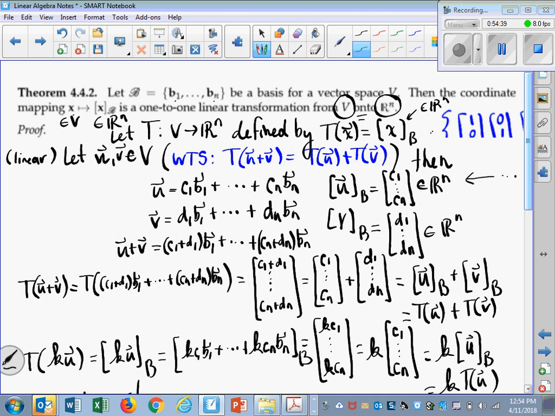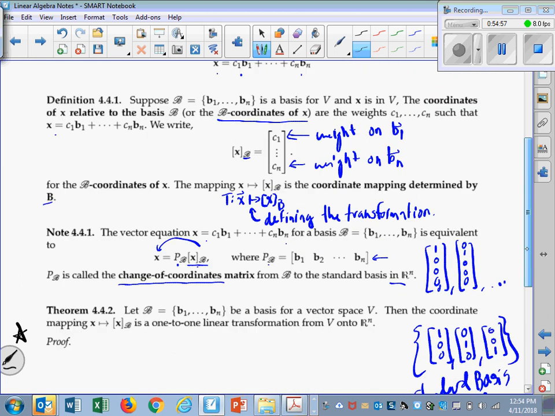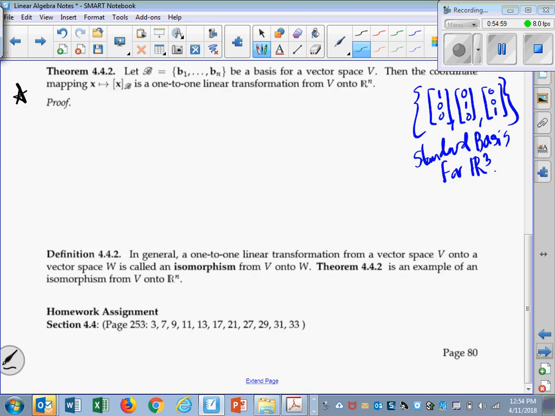Okay, let's read the definition though. Let's go look at that. It says, in general, a one-to-one linear transformation from a vector space V onto a vector space W is called an isomorphism. So now the transformation is what is an isomorphism. We sometimes say that the spaces are isomorphic, but that comes in kind of a different topic.